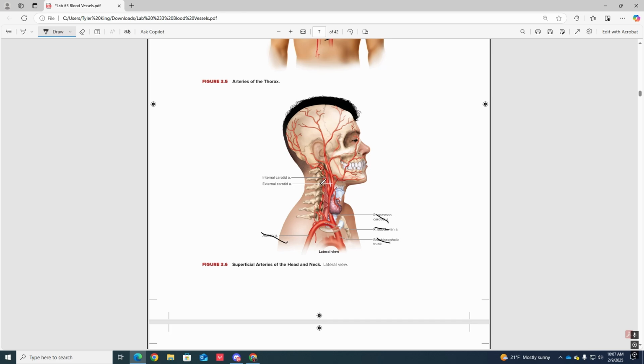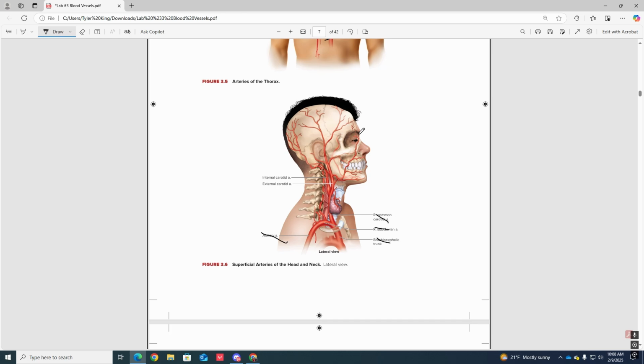What's the difference? The internal carotid is going to supply blood up into the head, specifically into the brain. As you can see here, when it dives deep into the skull, those vessels start to fade out a little bit.